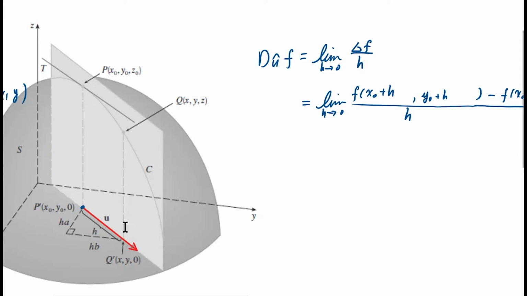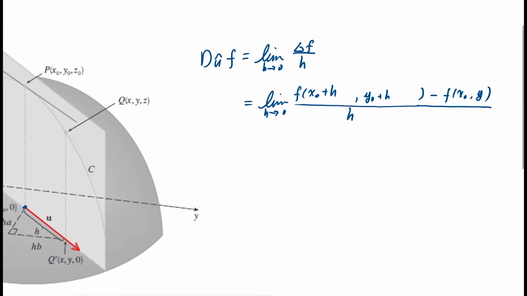I want this movement, this length, to be h, but what I did so far is this is h and this is h. That you cannot do. So far so good. So we have to figure out the correct expression of how much x increases and how much y increases. That all depends on this direction u.